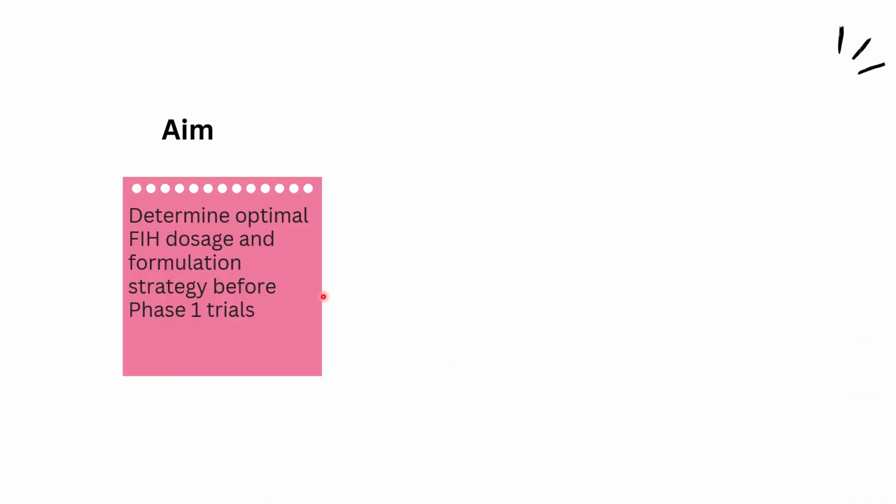The primary goal here was to determine optimal FIH doses and formulation strategy before entering phase 1 clinical trials.